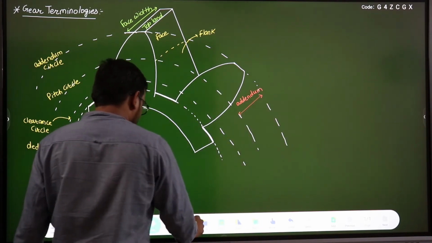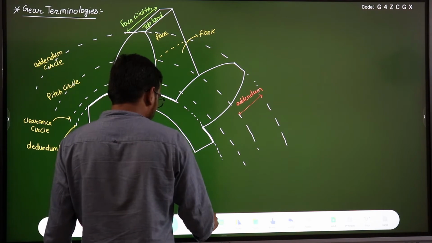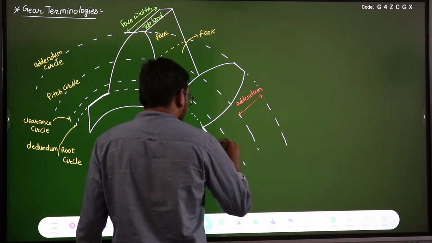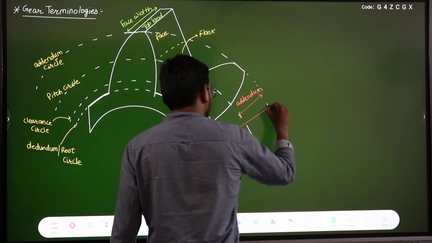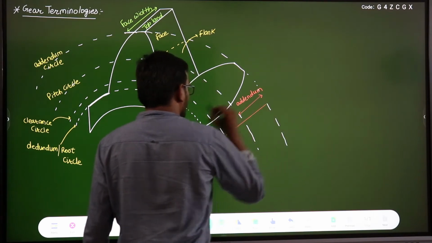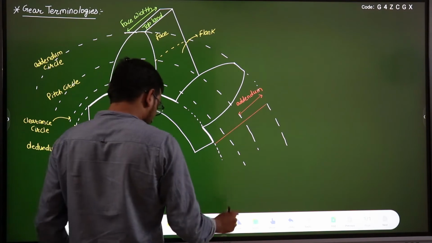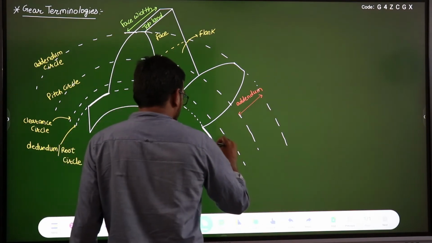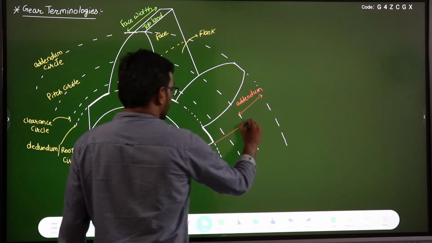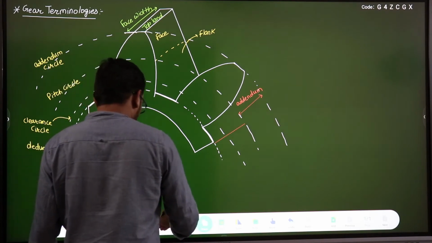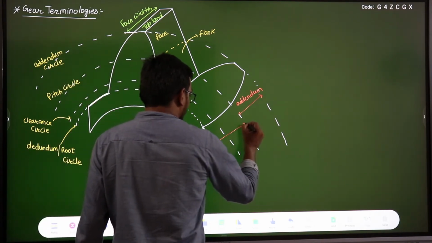And the distance between the dedendum circle and the pitch circle is your dedendum.